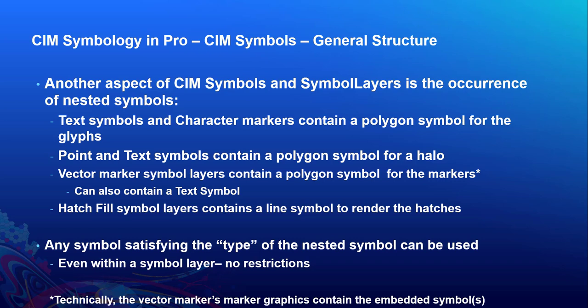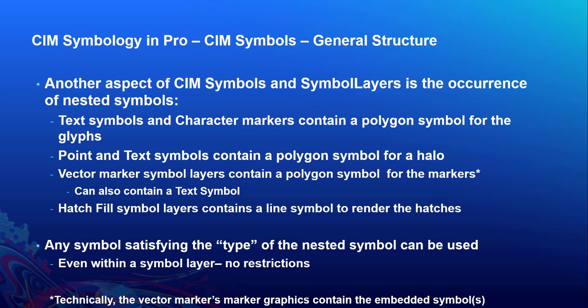You can also replace the polygon symbol with a text symbol if you want to use the vector marker to display text. I'll be showing you an example of that, and so on. So the point is that whenever you come across one of these nested symbols, as I've called them, then any symbol satisfying the type of that particular symbol, point, line, polygon, whatever it is, any symbol can be used.